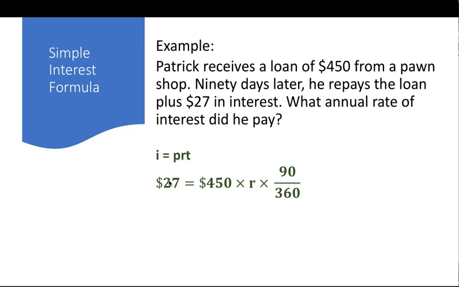In this problem, the interest is $27. The principal is $450. We're actually solving for the rate. We know the length of time is 90 days. So this is an annual rate of interest. And since we're talking about days, there are 360 days in a year. So it's 90 divided by 360.